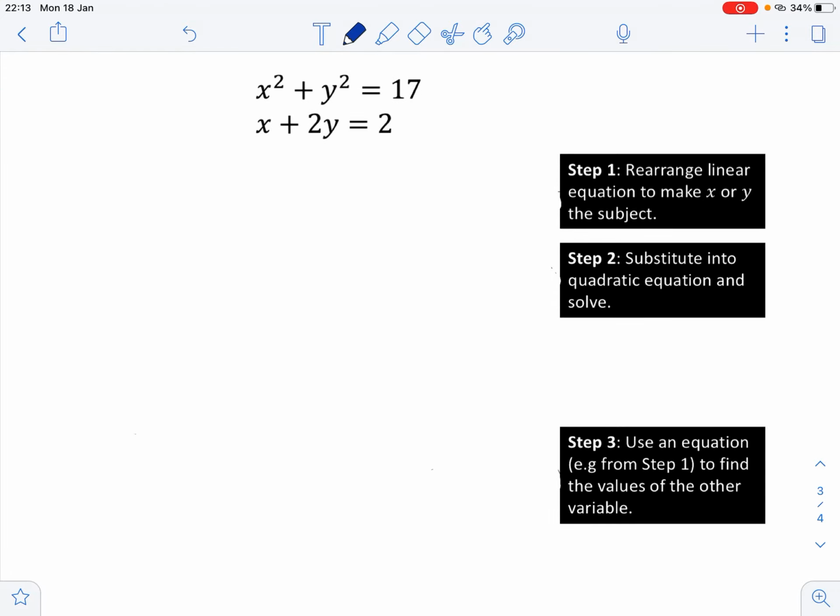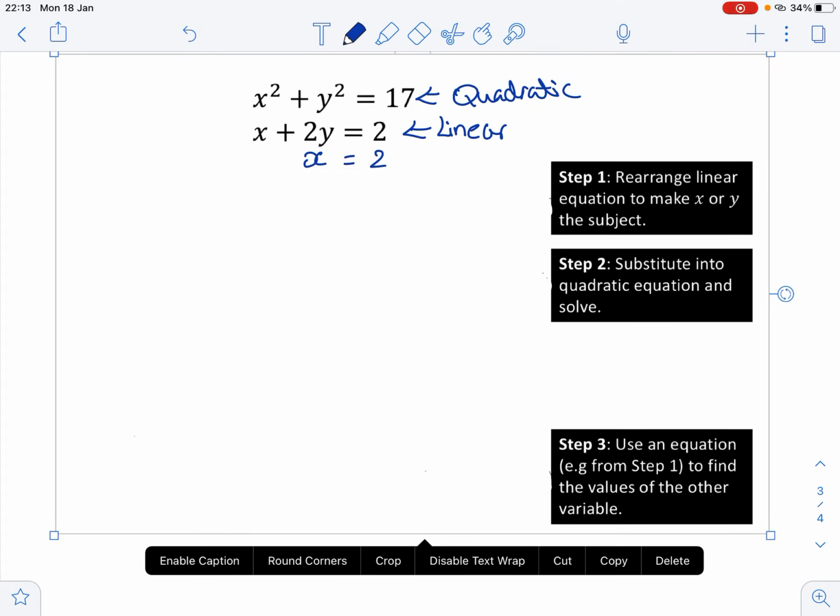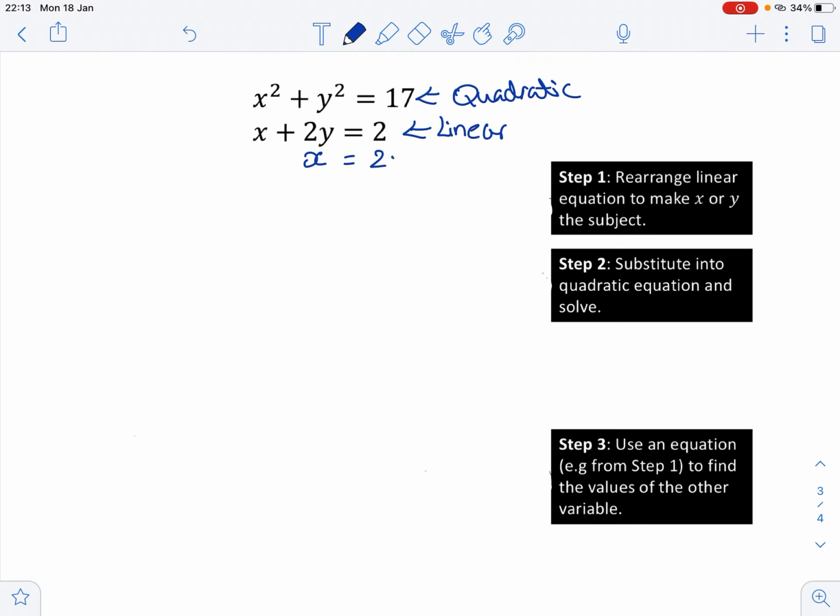Alright, let's have a go at another example. Remember, step 1, we need to rearrange the linear equation. This is my linear, and this is my quadratic. I'm going to make x my subject, so x equals 2 minus 2y.